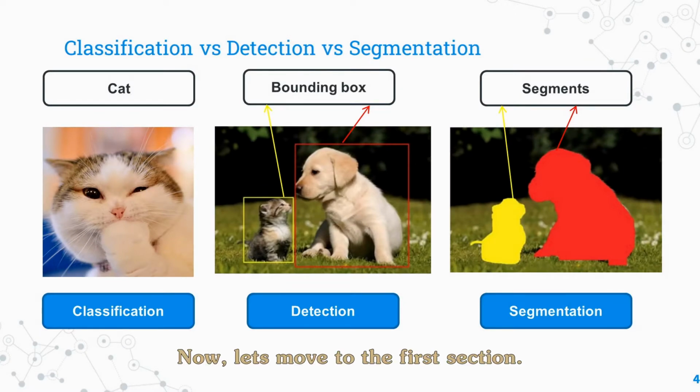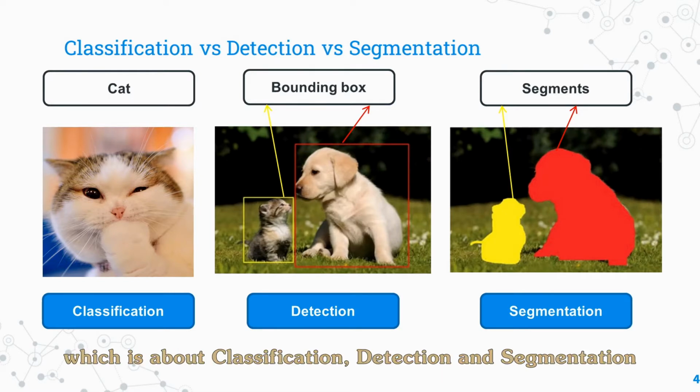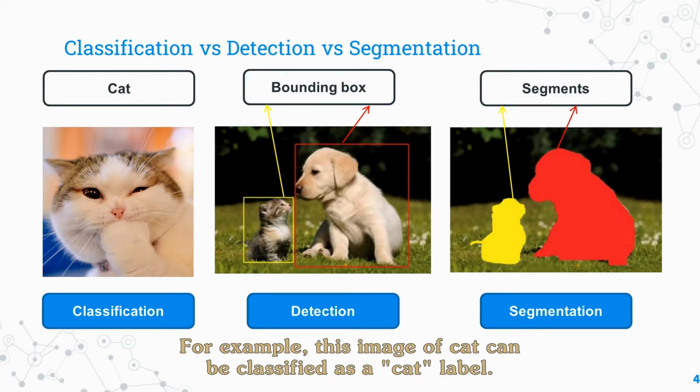Now let's move to the first section. In computer vision, we have 3 main problems, which are classification, detection, and segmentation. The first is image classification, which determines the object in an image. For example, this image of a cat can be classified with the cat label.